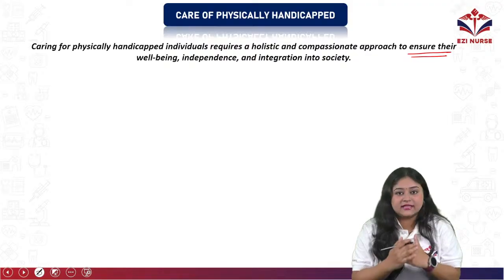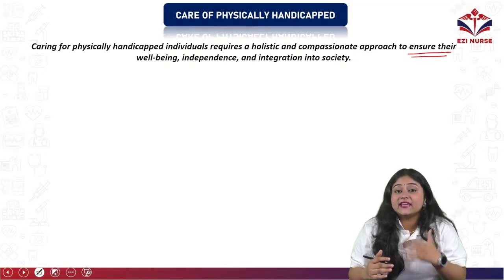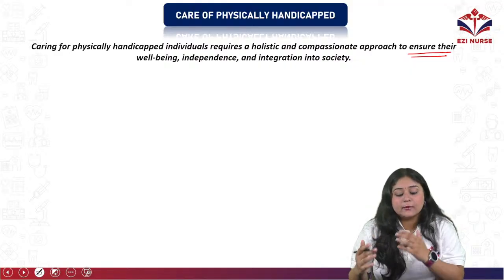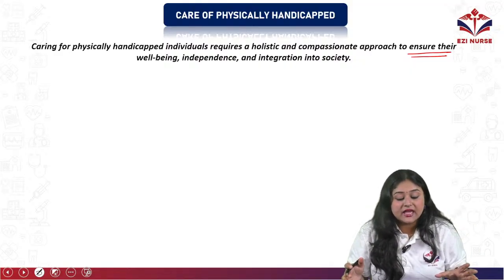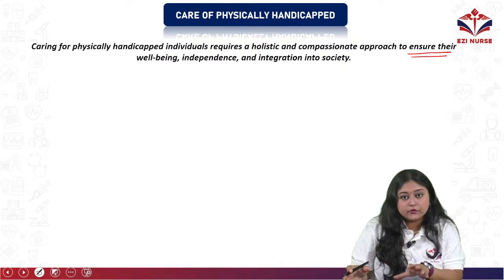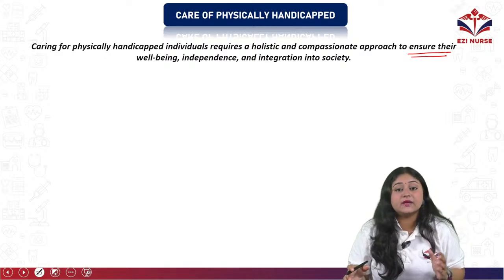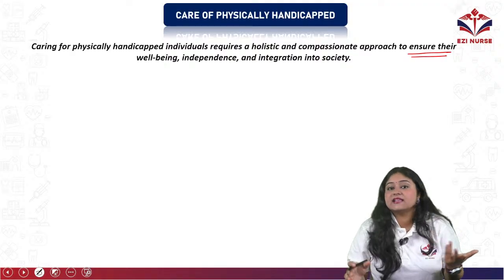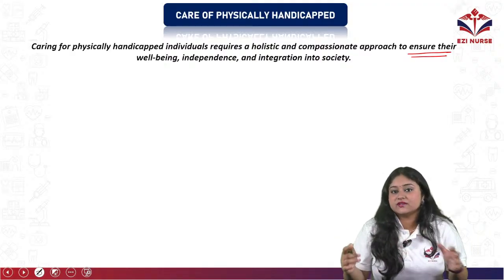So as healthcare workers we have to engage and influence them to provide a proper holistic and comprehensive approach, which helps improve their emotional well-being, their independence, as well as integration and communication in society.